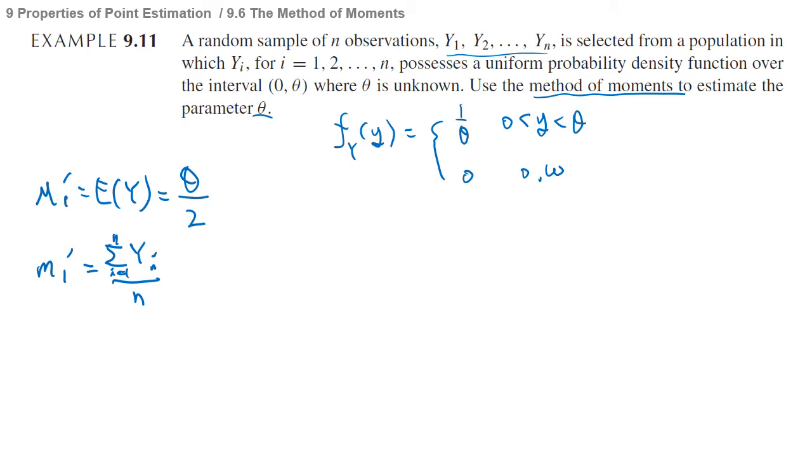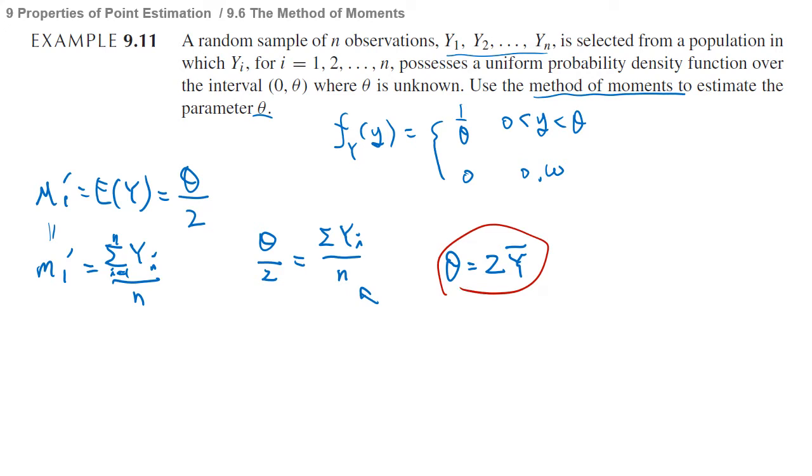And so we set these equal, and it gives theta over 2 equals the sum of yi over n. And so if we solve it for theta, then theta equals 2 times y bar. So this is our solution, and this is our estimate for theta using the method of moments.